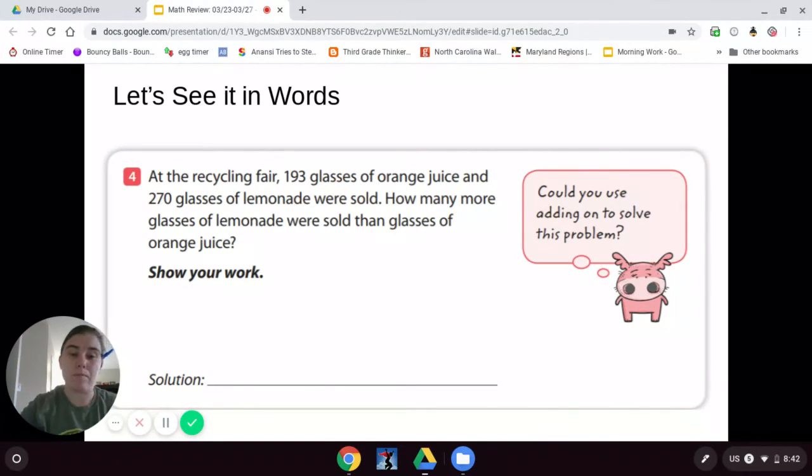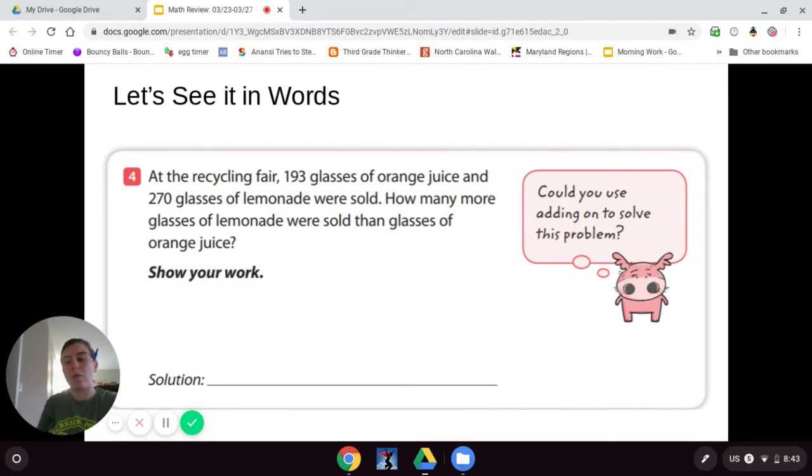In my problem, I'm trying to figure out how many more glasses were sold, meaning I'm trying to find a difference between the two numbers that they gave me. They're asking me how many more, which means I'm going to start with my larger total, 270, at the top.